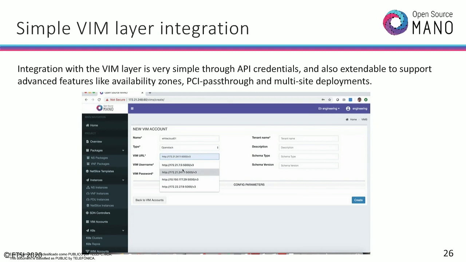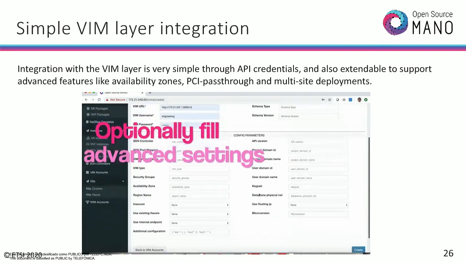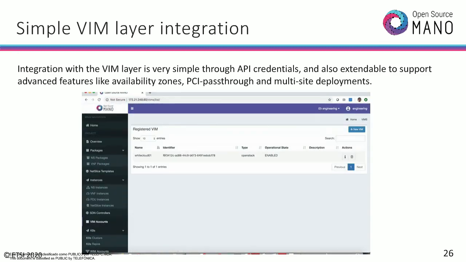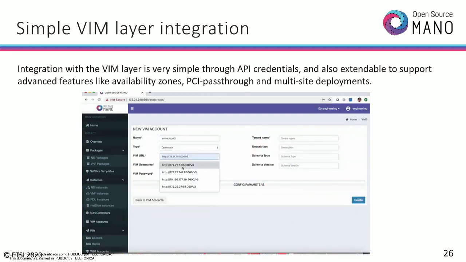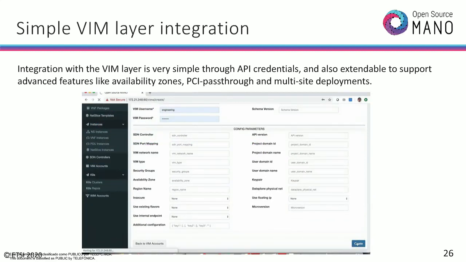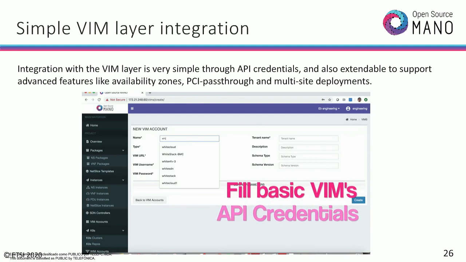Then, okay, you've got your OSM system, but now for running network services and network slices, you need a VIM, right? A place where you send your instructions to instantiate virtual machines and containers. And VIM integration is also very simple to do.